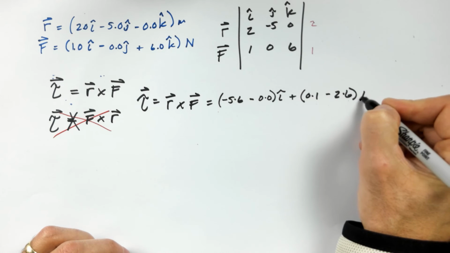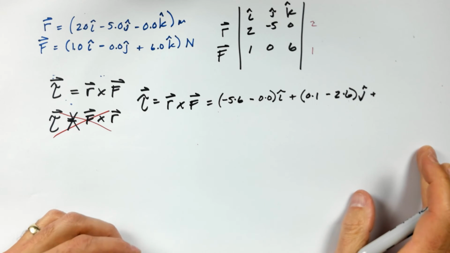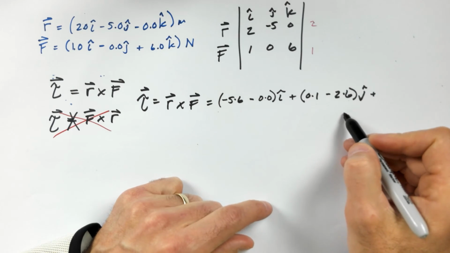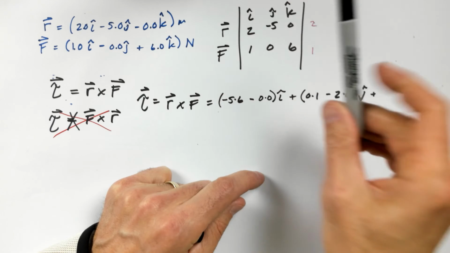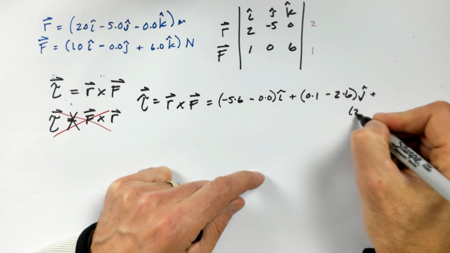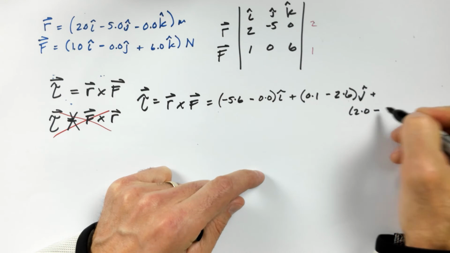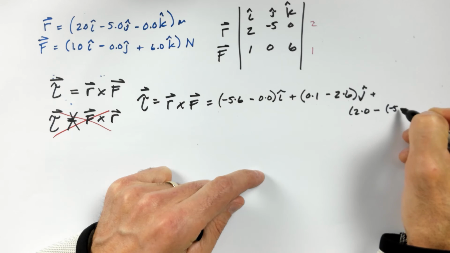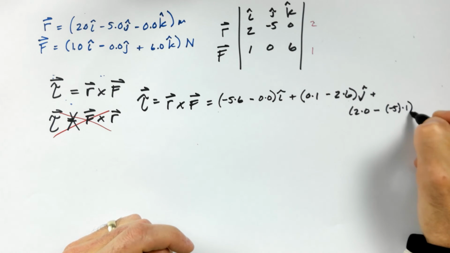And that is in the J direction, plus, I'll write down here just to make sure we can see. So now I'm going to do the K, so cover the K, and I got 2 times 0, and minus -5 times 1 in the K.